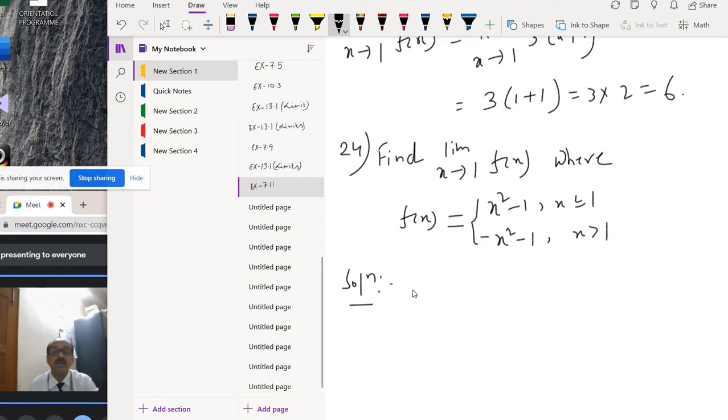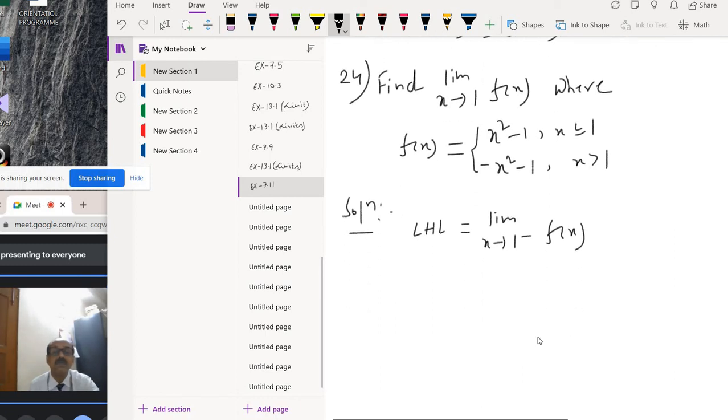First find the left hand limit, the limit as x tends to 1 minus of f(x). Here x is less than 1, so the function is x square minus 1.